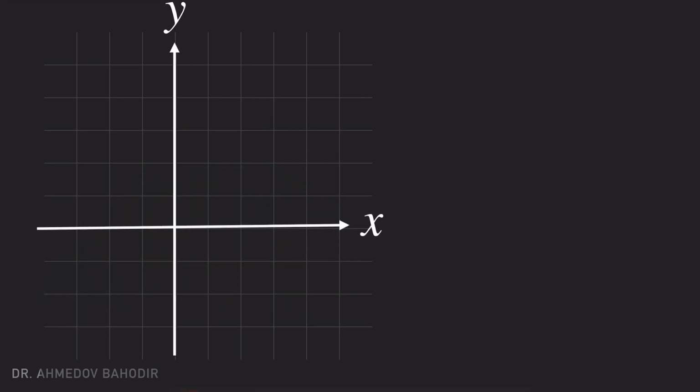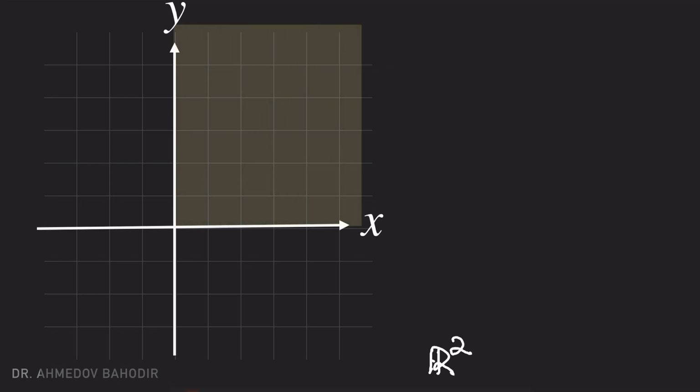So let's consider again the R2 space. The R2 is going to contain all of the two-dimensional vectors. I would now like to choose some piece of the R2. Let's say I'm going to create a subspace by choosing the first quarter.